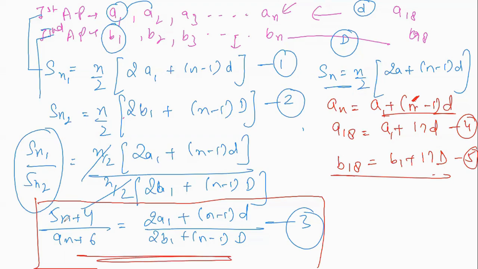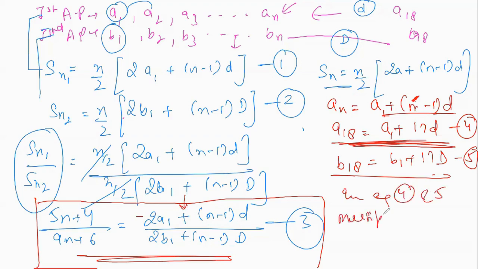Now, see, there are many ways to do a question, because in equation 3 I have so many variables: n, A1, B1, capital D, small d, and everything. So there are many ways. What I am doing here is converting this part, the numerator and denominator, to look like this. In equations 4 and 5, multiply both sides by 2.